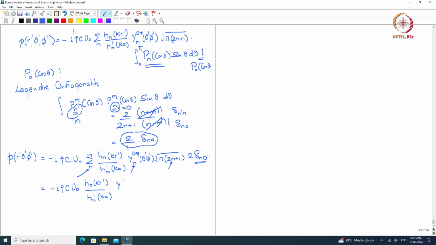Then Y0 conjugate 0 theta dash phi dash root pi, because n is 0, into 2, okay. And we saw that Y00 is 1 by root over 4 pi. So, this is 1 by root over 4 pi and this is root pi. So this goes, then root over 4 is 2, so 2 goes with 2.